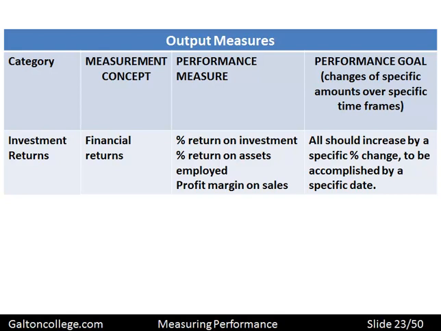I mean, if we're going to work out the investment returns, presumably we're working in the context of money. So we're going to deal with financial issues. We're going to look at the returns on the investment. Now, this is quite complex. We've only got as far as the second column here, but it is getting quite complex because when we talk about investment returns, it depends on the degree of aggregation.